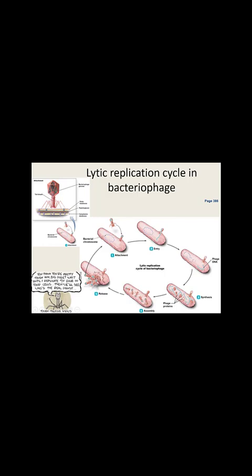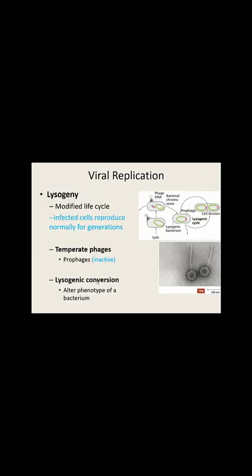Now, some viruses can also go into what's known as lysogeny. It's a modified life cycle. It's taking those 5 basic steps and then adding a couple more in there. Now, definition of lysogeny is that the infected cells, so they've got viral DNA or RNA in them, those infected cells are going to reproduce normally for generations, which means right away they don't become virus-producing factories.